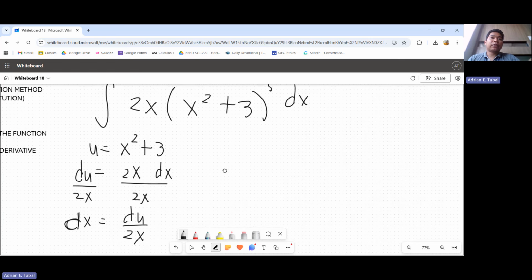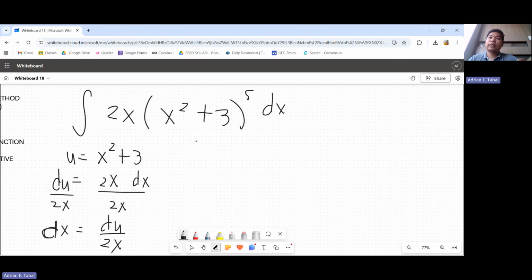So let's go back to our function. We can change our function into the integral of 2x times u raised to 5, since our u is x squared plus 3, and our variable of integration will be dx.